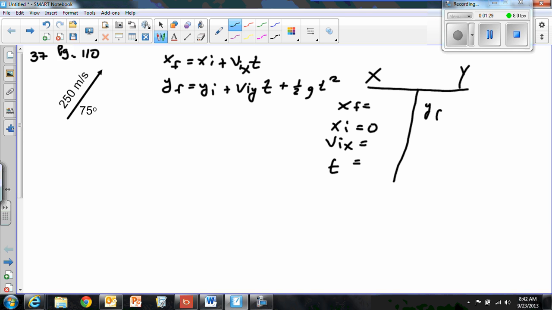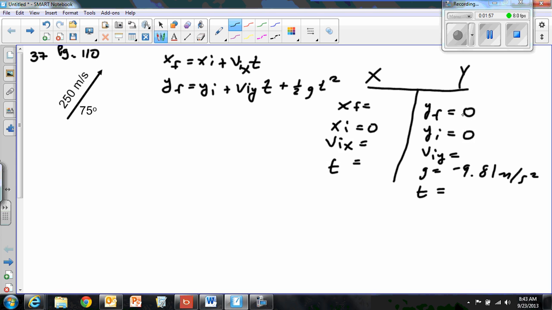And then Y final, we're going to assume that this ship, even though it's not on the water, is so close that we're going to go ahead and say that the initial is 0. We know the final is 0 because it lands in the water. So the difference between those two is so small, it's not going to really matter. We're going to make that assumption. As far as time goes, we don't know that yet. G is equal to negative 9.81 meters per second squared, and T equals.